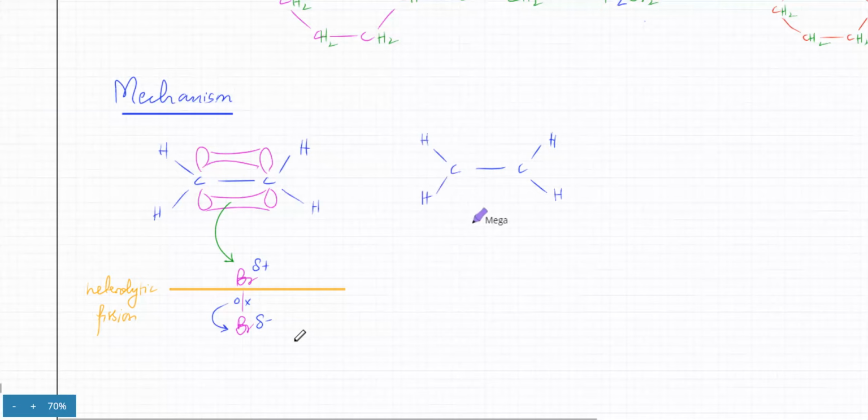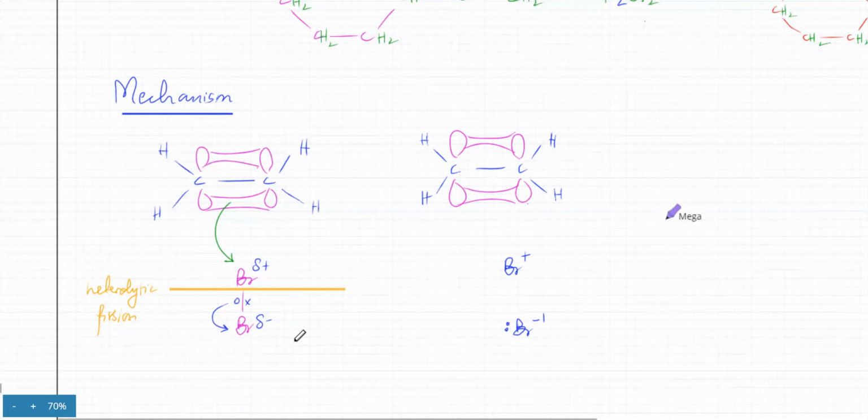So the next step was, here's your pi electron cloud, and here are your bromines. The bromine molecule has broken away. It has fissioned heterolytically, which resulted in the formation of a Br plus one and a Br minus one.